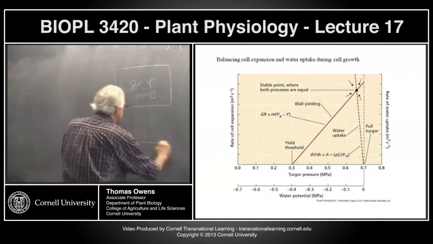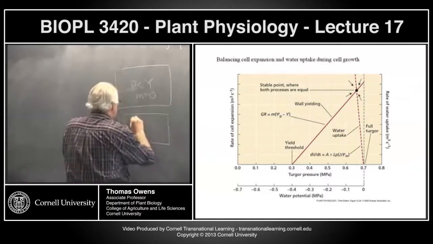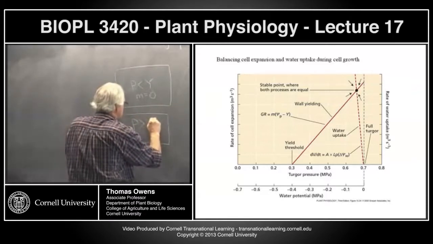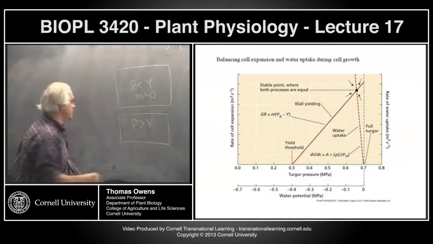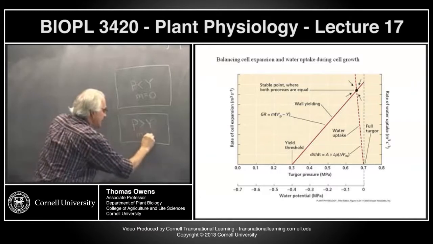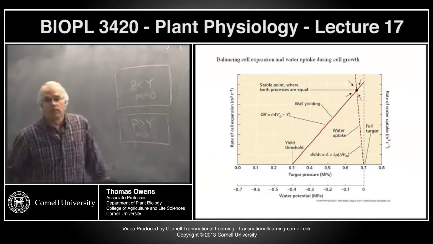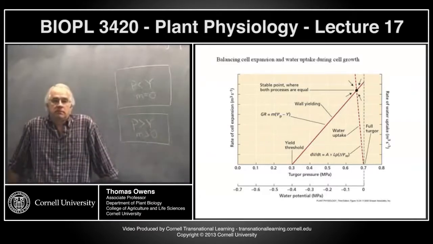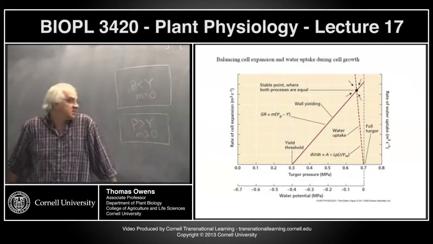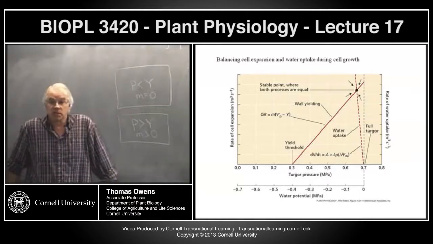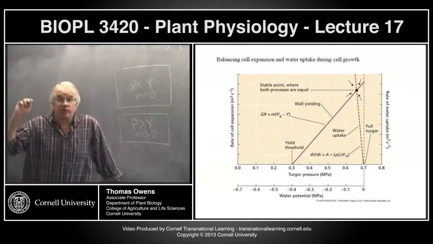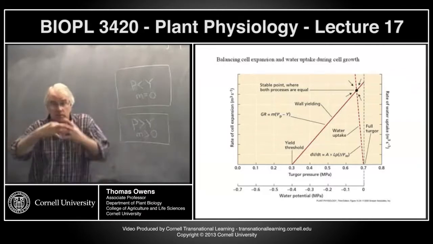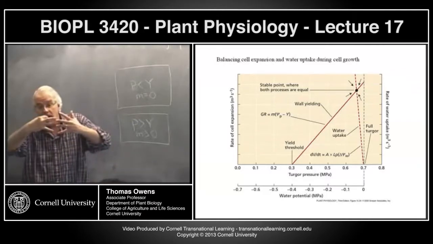Okay, so let's think about now, if the turgor pressure P is greater than the yield threshold and m is greater than 0, what happens? What happens to this cell under these circumstances? It grows, right? It doesn't stretch reversibly, it grows because those wall interactions loosen up.